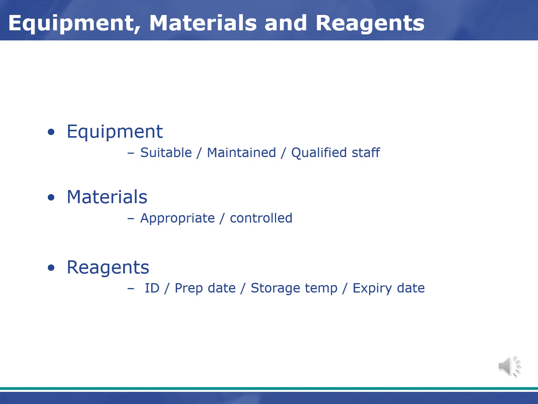So if you're going to say that a piece of equipment is suitable, I would like to see the installation qualification, the performance qualification and the operation qualification of that specific piece of equipment if I was the auditor looking into this trial. And then obviously also the maintenance log and the training logs of the staff involved.